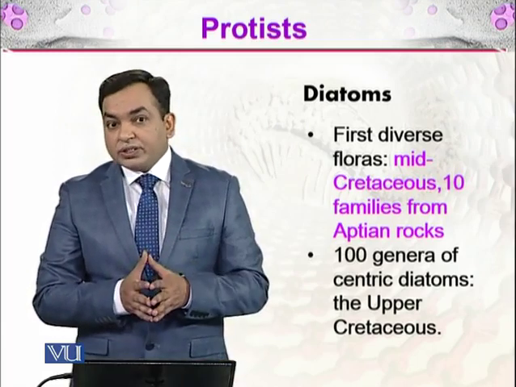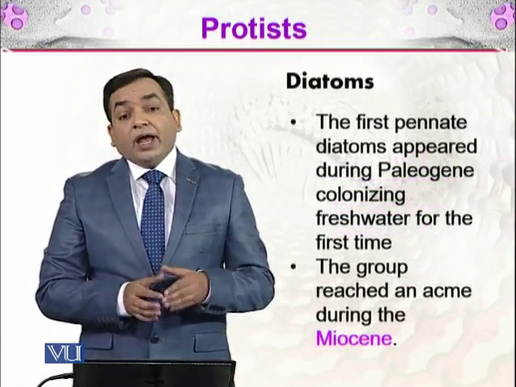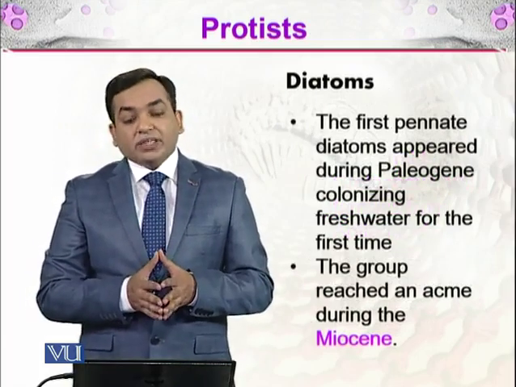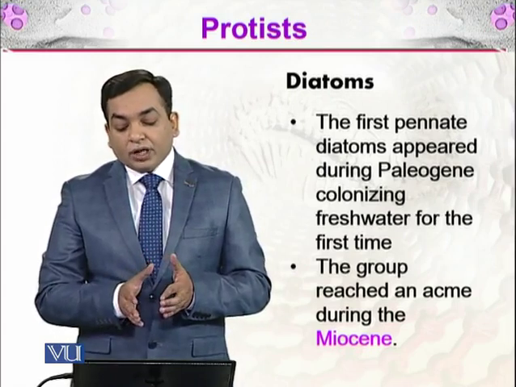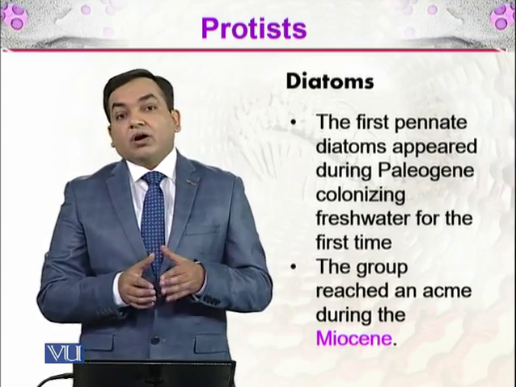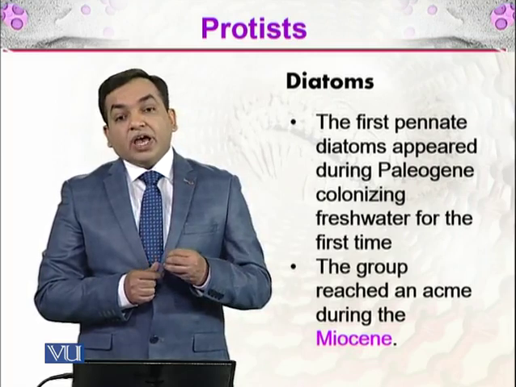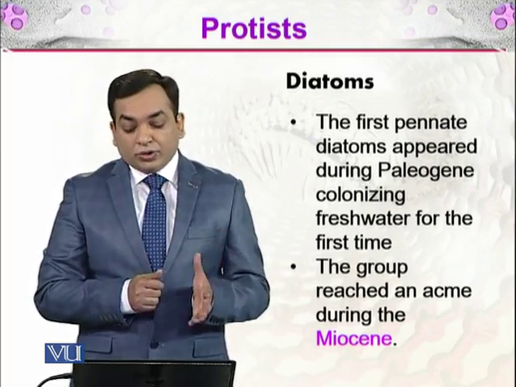Centric, as we have discussed, are the ones living in the marine environment. The first pinnate diatoms appeared during the Paleogene, colonizing the freshwater for the first time. Pinnate means they have pinna-like structures, and the group reached an acme during the Miocene, right?